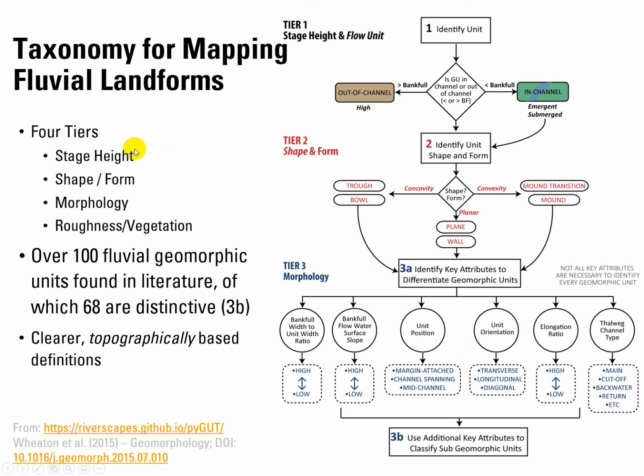The bases for splitting are going to be stage height, the shape and the form, and then morphology, and then we can optionally add on roughness or vegetation. Like that's a vegetated bar, or a vegetating bar, or an unvegetated bar. That's a sandbar versus a gravel bar versus a boulder bar, etc.